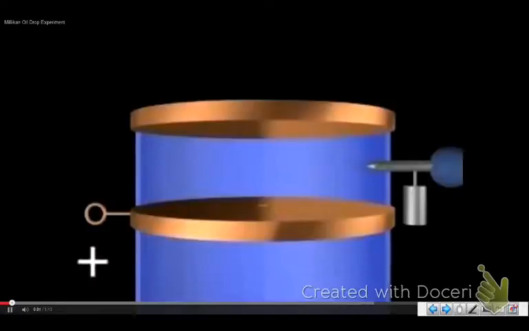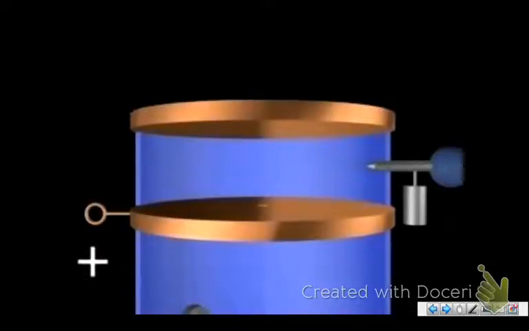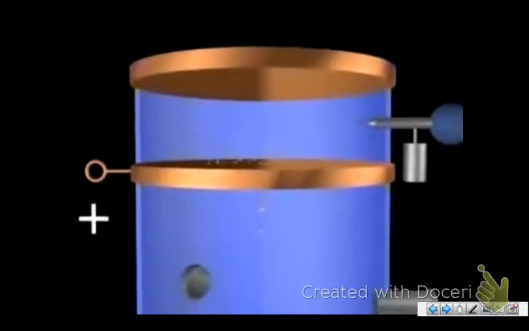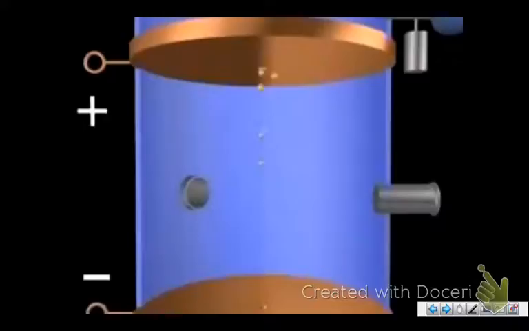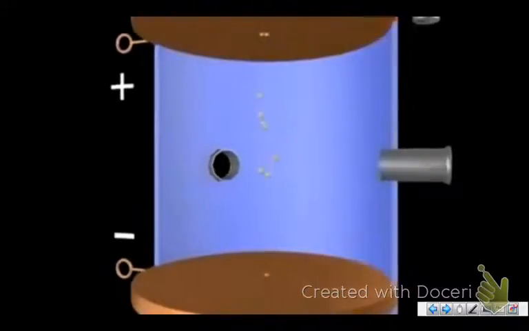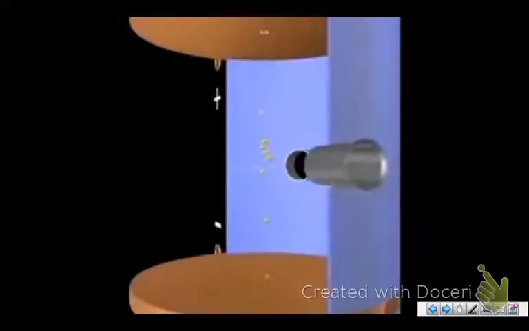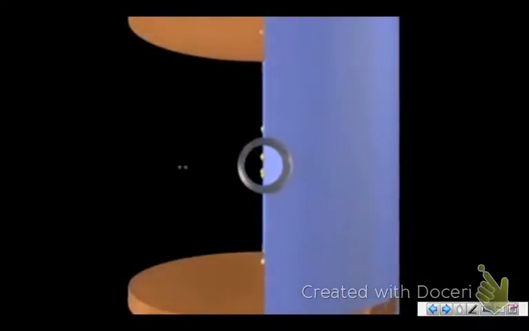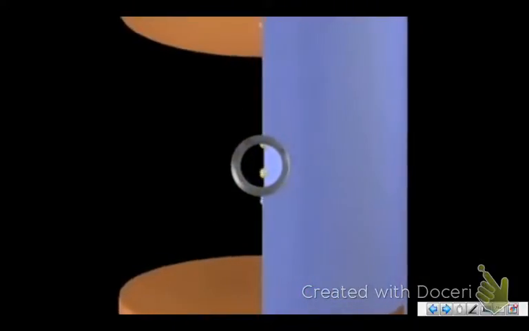video of that. In 1909, Robert Millikan, working at the University of Chicago, succeeded in measuring the charge on the electron. He allowed a fine spray of oil to settle through a hole into a chamber where he could observe their fall. The top and bottom of the chamber consisted of electrically charged plates. He introduced a source of X-rays which can cause creation of charges when they strike matter. Charges produced by the X-rays attach to an oil droplet, producing one or more charges on the droplet.